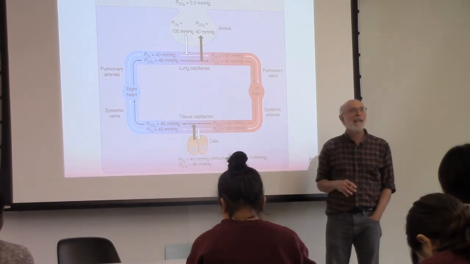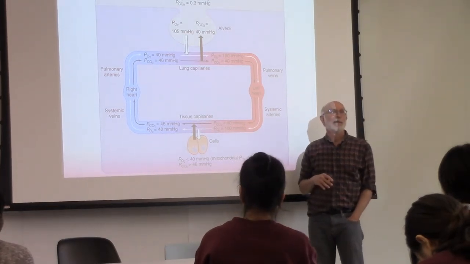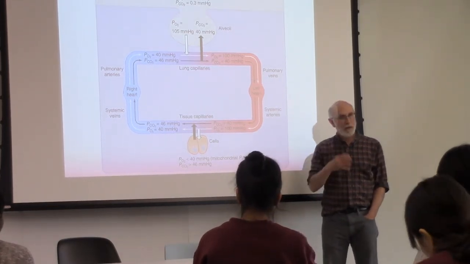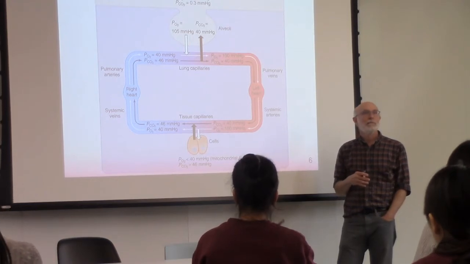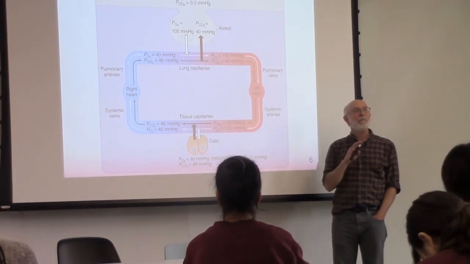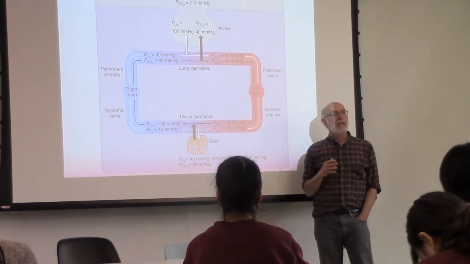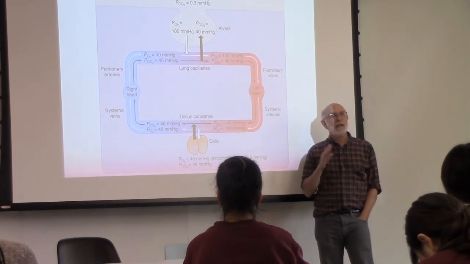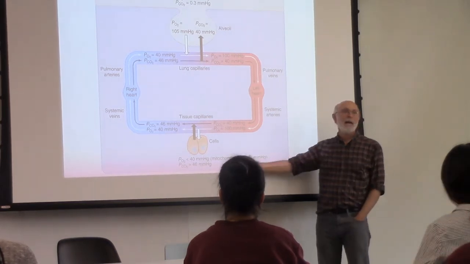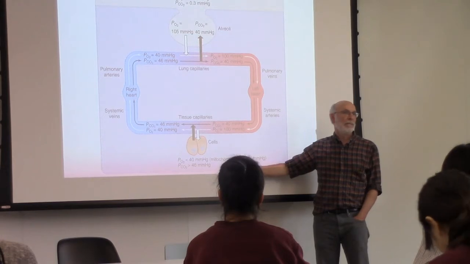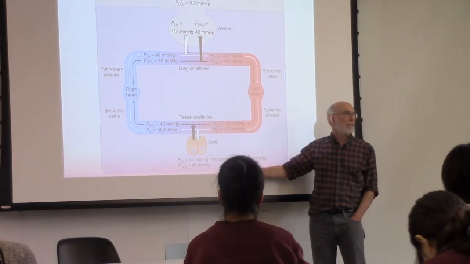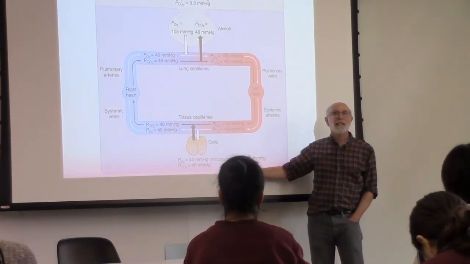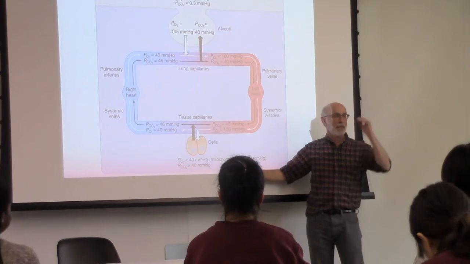Did you know that you're making water as you're sitting here breathing? Right? You're making water. In fact, there are some desert animals that don't drink water at all. They never drink water. They get all the water they need from metabolism. They make all the water they need, and they excrete such little water. We'll talk about this when we get to the kidneys.